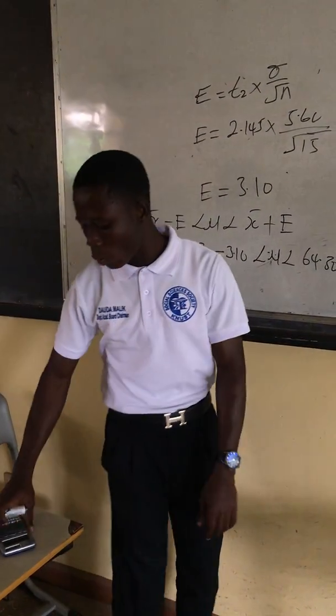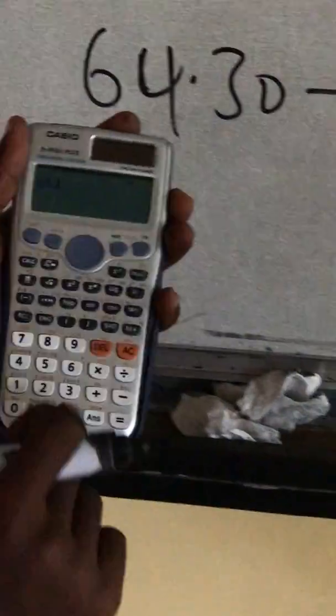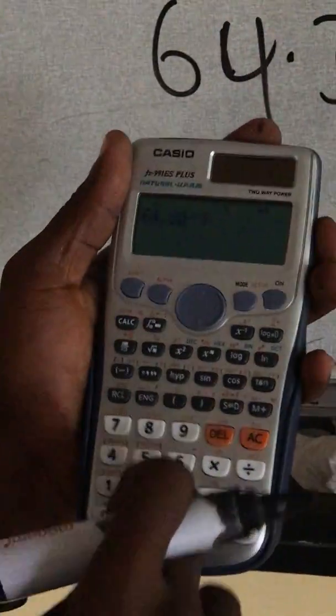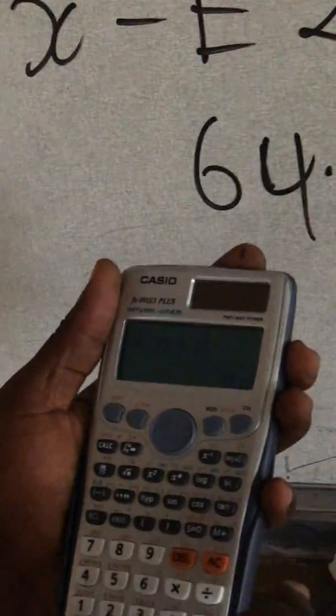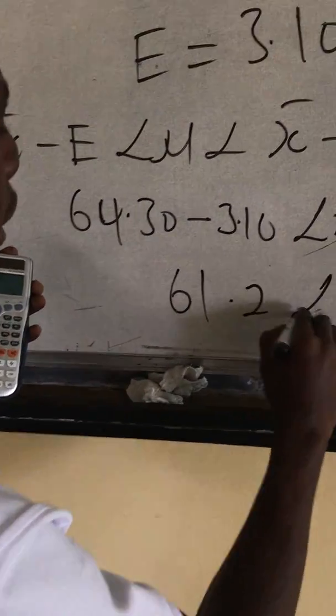So we take our calculator, then 64.30 minus 3.10. So I got 61.2 less than.